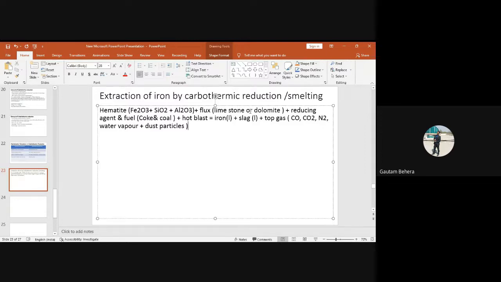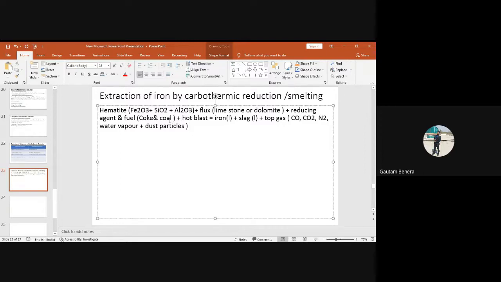During this smelting process, the limestone or dolomite will decompose. It will undergo calcination to give you either lime, CaO, or CaO and MgO. This flux will react with the gangue, SiO2 and Al2O3, and form the slag. The reducing agent or fuel is coke or coal, the source of carbon.